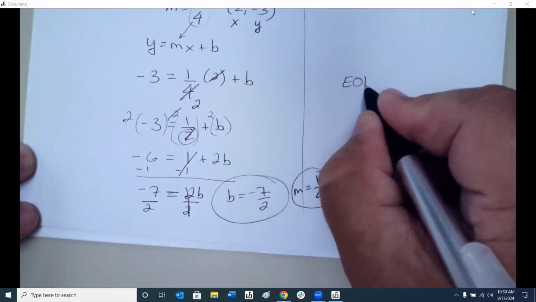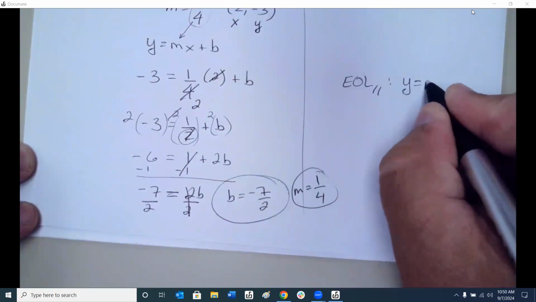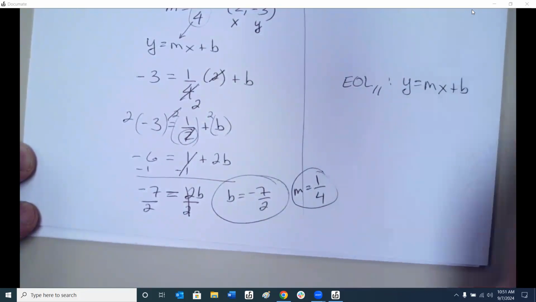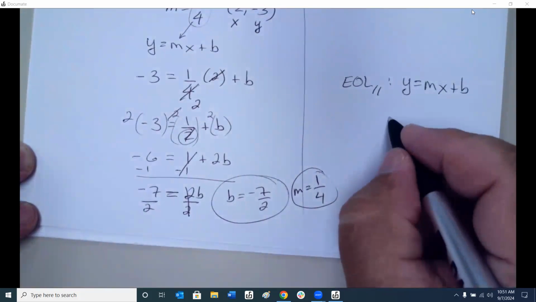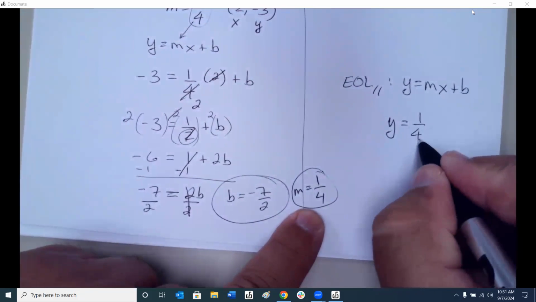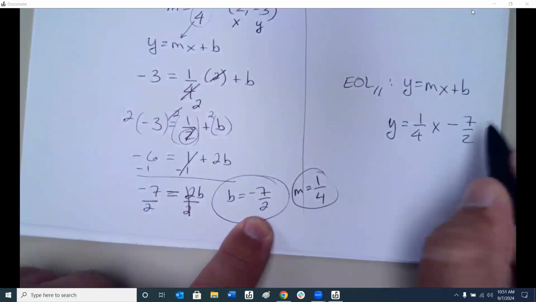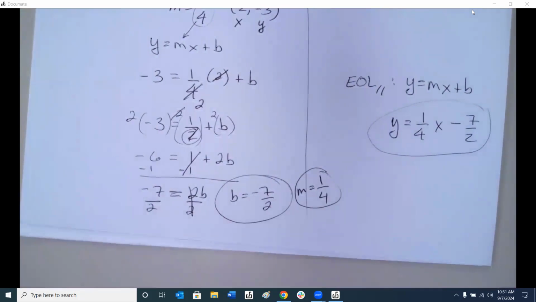So the equation of the line parallel to it is y equals 1/4 x minus 7/2. There's the equation of the line parallel.